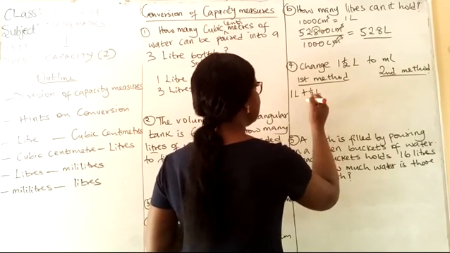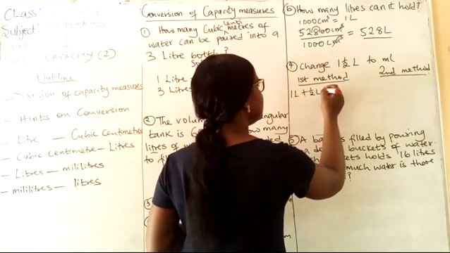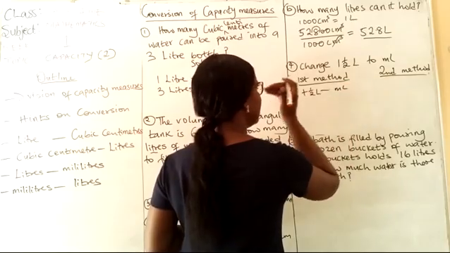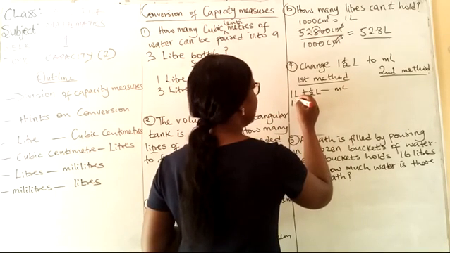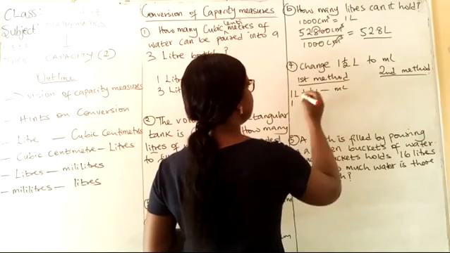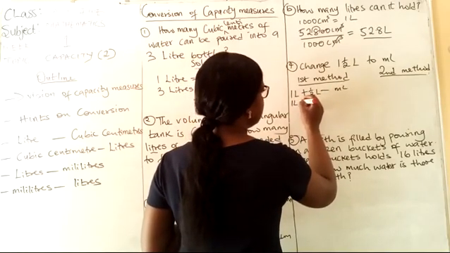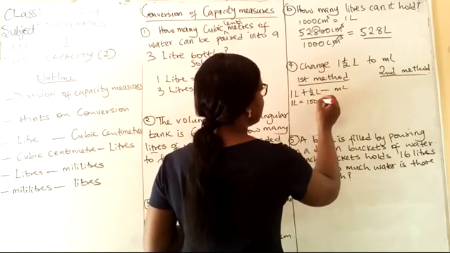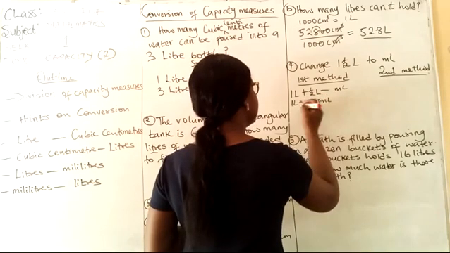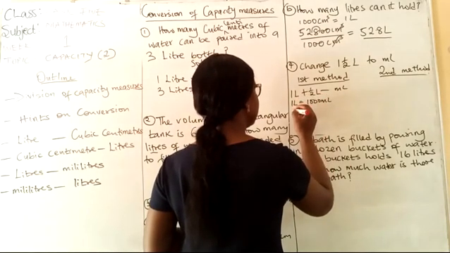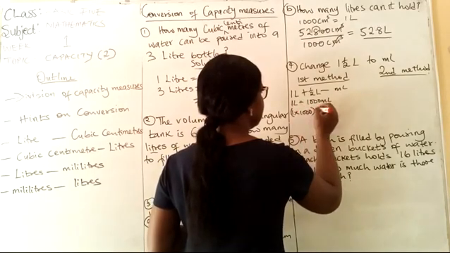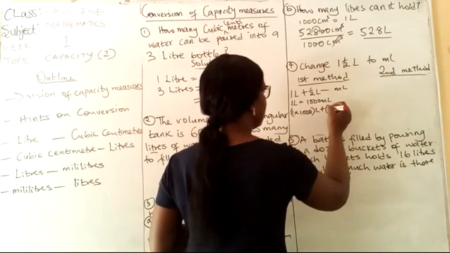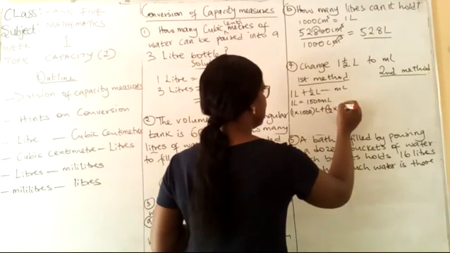So for 1 liter we have, you're converting to milliliter. Okay, so for 1 liter we have, 1 liter is equivalent to 1,000 milliliter, right? Okay, so for 1 liter we have 1 times 1,000, plus 1/2 times 1,000.